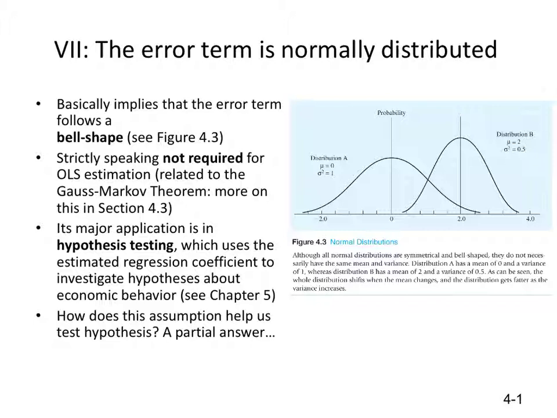What it's going to do is open up the world of hypothesis testing for us, which means that it's going to enable us to make some statements about the population parameters based on the estimated population parameters, and we're going to have a sense of how reliable or unreliable they are. Okay, so that's where we're going to go next in chapter 5, and it's really this assumption that sets us up for that.